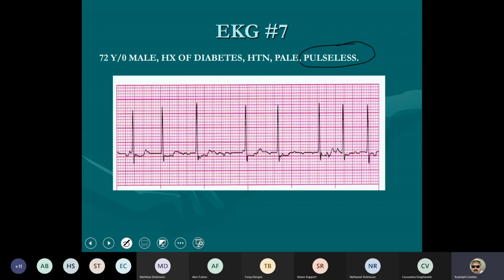Okay. Who thinks they got it? AFib. Nope. PEA. Pulseless electrical activity. It will look like the patient has an organized rhythm, but they do not. If this patient had a pulse, Shane, what would this rhythm be?